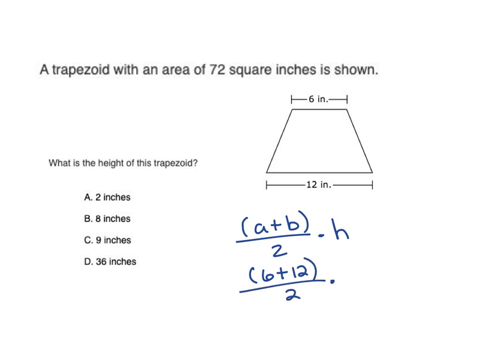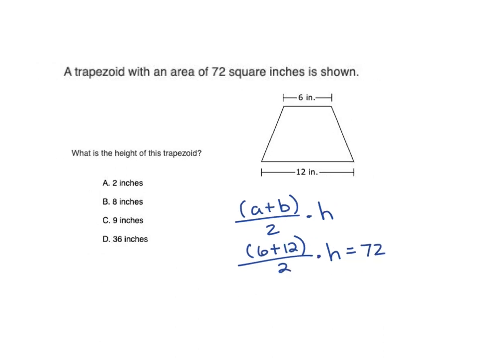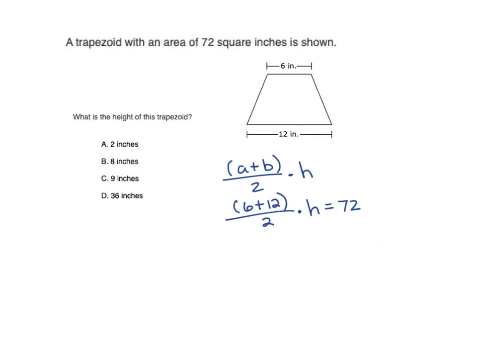Divide by 2 times the height equals 72. So go ahead if you'd like, clear your calculator, beginning parenthesis, 6 plus 12, end parenthesis, divide 2, and that is 9. So 9 times the height equals 72.